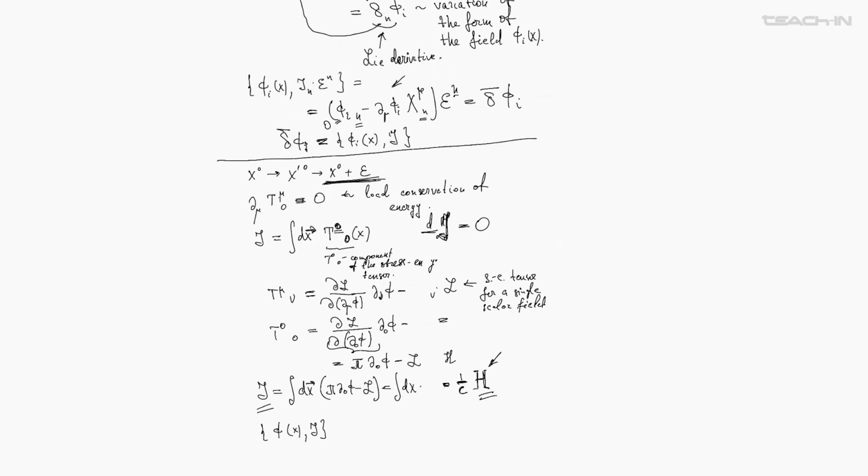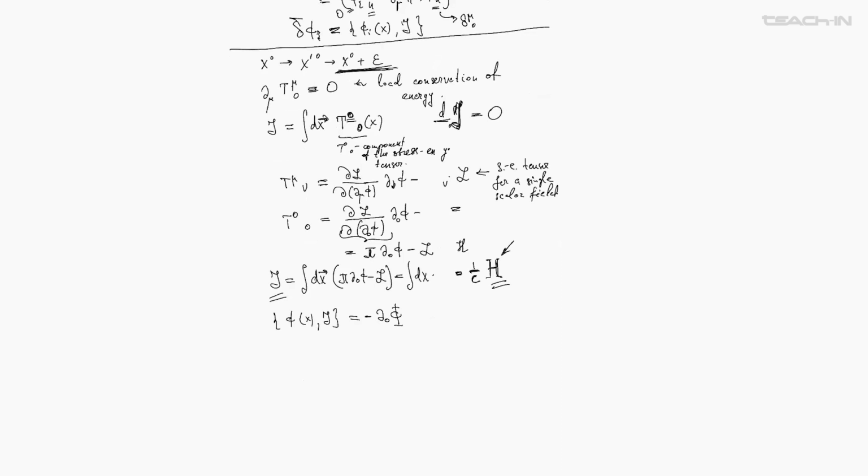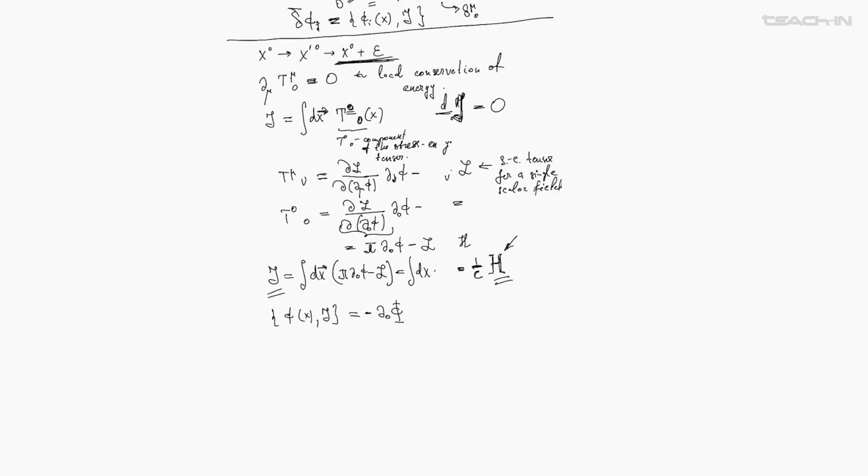Therefore, according to that formula, the result will be minus d0 phi, where phi is our field. I should be a bit careful in writing. It's not phi capital here. It's the field phi itself, phi of x.